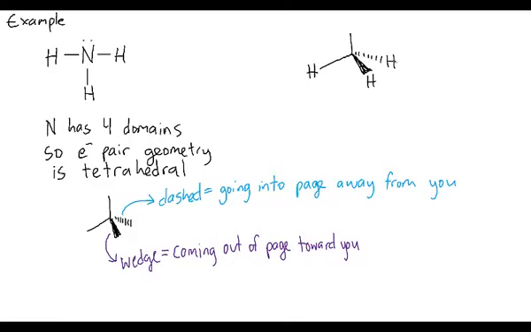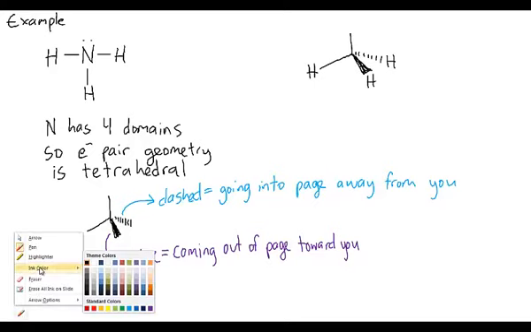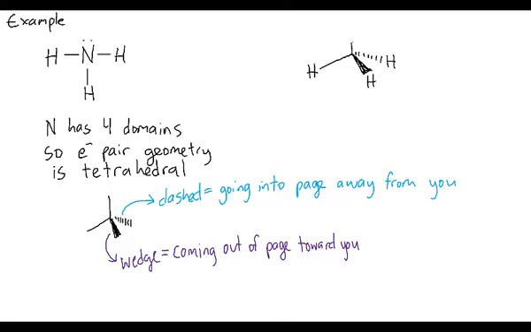It's got 3 hydrogens around the outside. And then one of the spots is a lone pair. To get the molecular geometry, I'm going to make my lone pair spot become invisible. So I make that invisible and I'm left with a different shape that basically has 3 legs that point down.